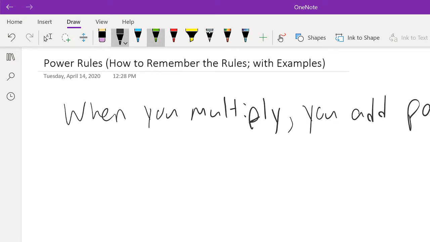For example, let's say I have x squared times x cubed. I don't always say squared or cubed or to the power of, I just say the number. It looks like I'm timesing, but I'm not, I'm going to add the powers, keep the x's the same.